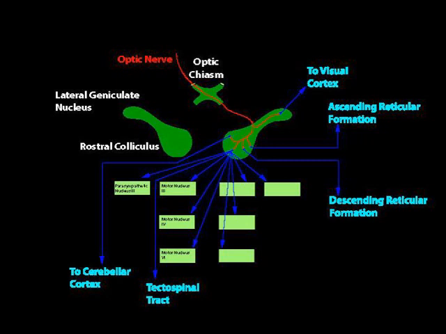The cerebellar cortex, again involved in regulation of the motor system, again taking a direct feed from those ganglion cells. And finally, the ascending and descending reticular formation, involved in arousal and awareness and wakefulness. How easy is it to doze off in a disco with all the lights flashing?